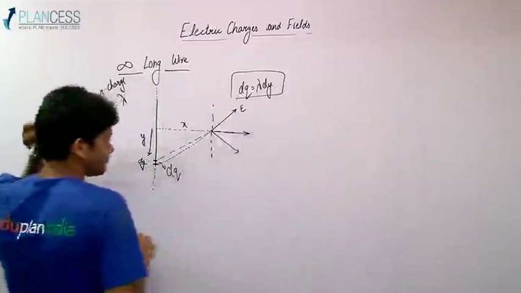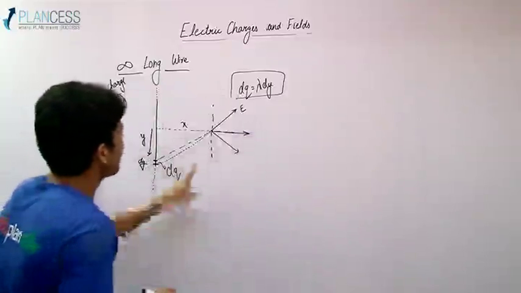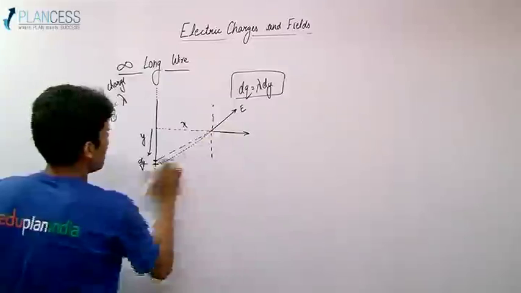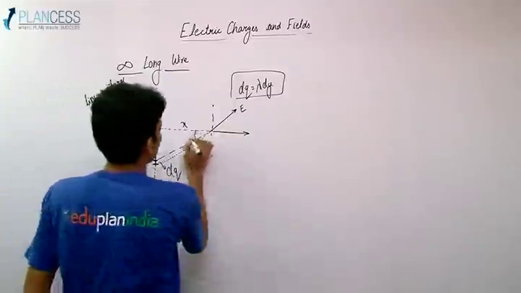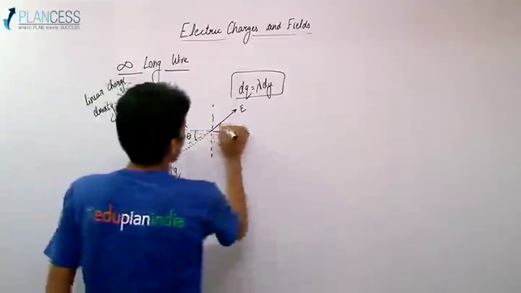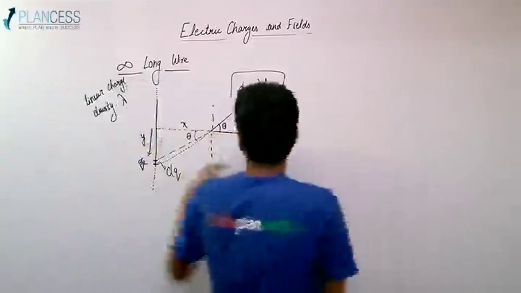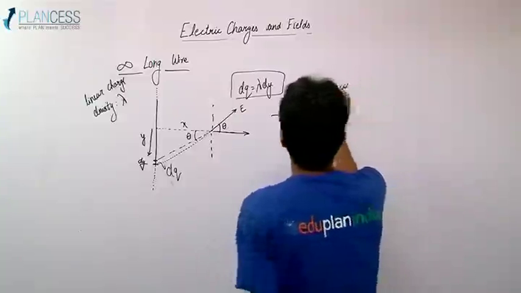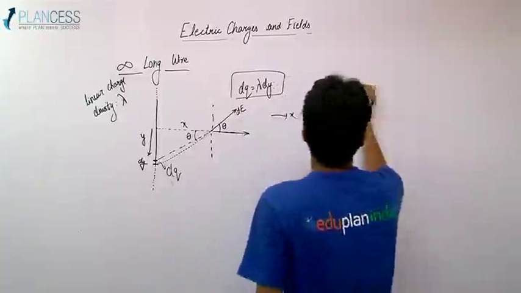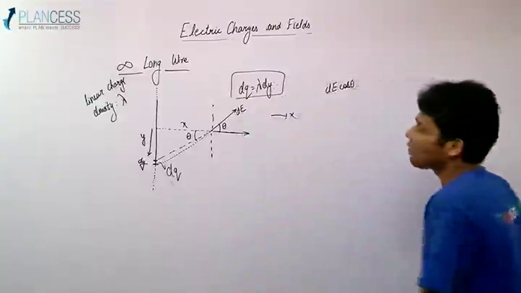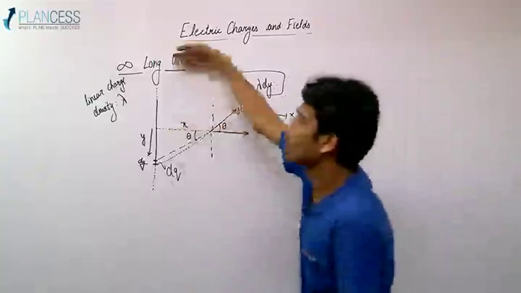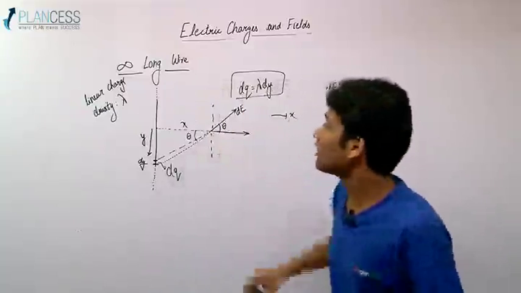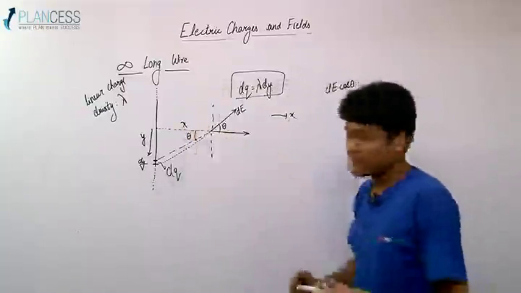If this is the electric field by this part, and I consider this angle as theta, the x direction component would be dE cos theta. Integration of every such component from y belonging to minus infinity to plus infinity will give us the formula for the electric field at this point at a distance x.